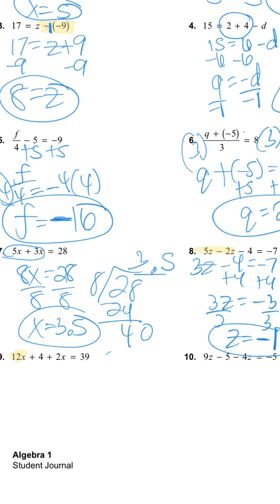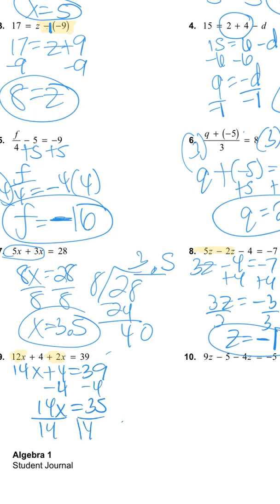Here we have 12x and plus 2x. 12 plus 2, 14x plus 4 equals 39. Solving for x, so move the 4. So that's 35. Divide by 14. x equals, let's see, 14 and 14 is 28. 2, 3, that's 42.